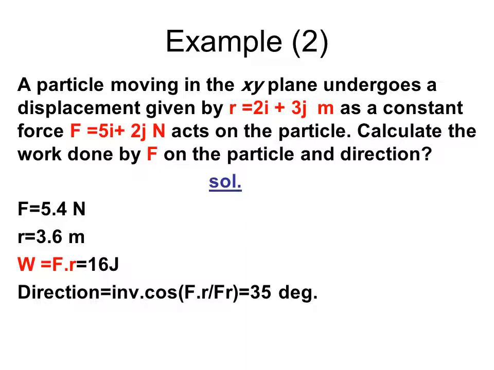The direction theta equals the inverse cosine of the force dot product with the displacement divided by the magnitude of the force multiplied by the magnitude of the displacement. You can check these calculations, and we have the direction about 35 degrees. Please do this calculation by yourself.